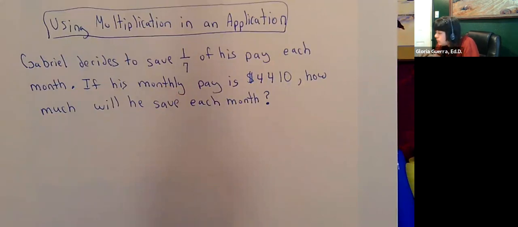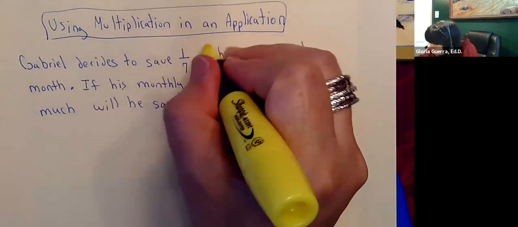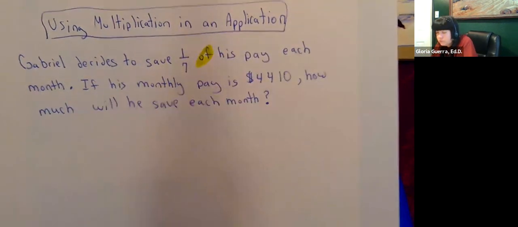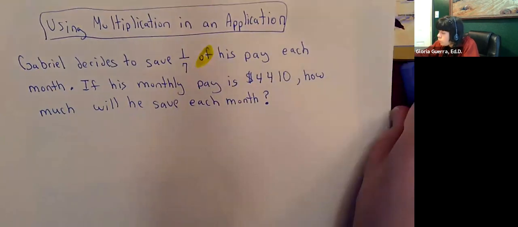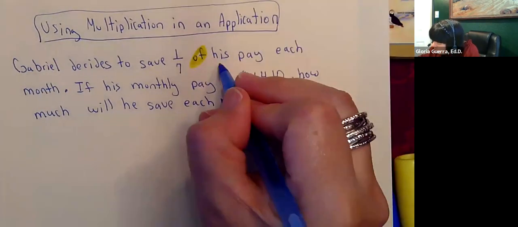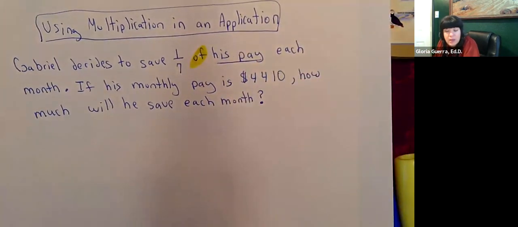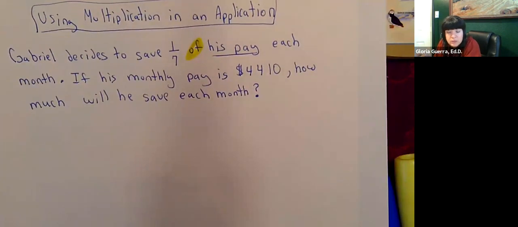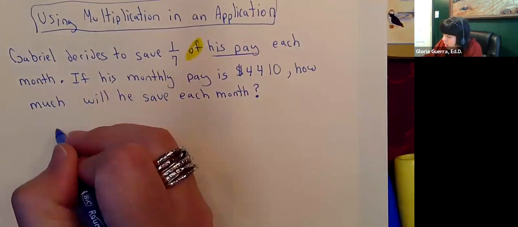So I would say here that a keyword would be this part, of his pay. And in math, the word of can mean to multiply.